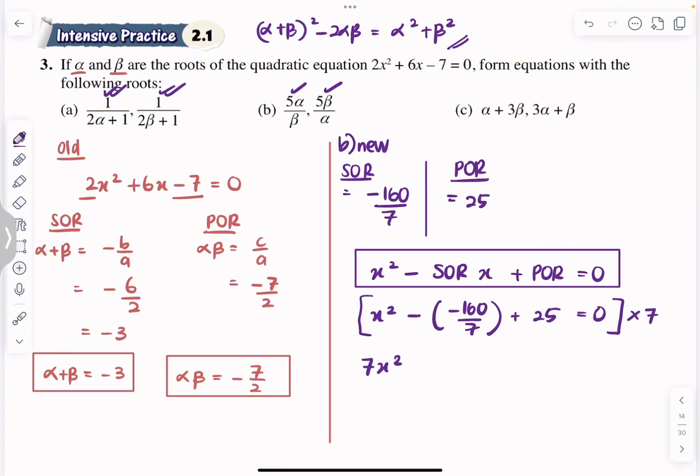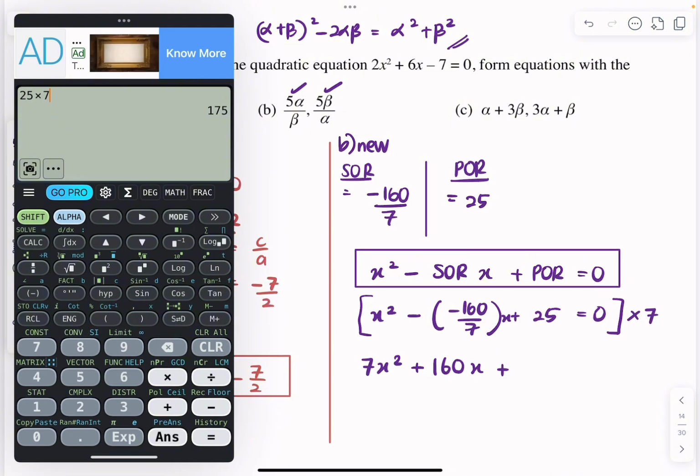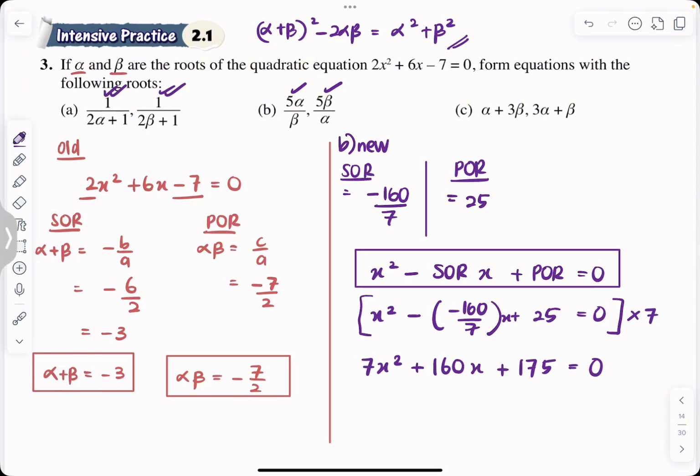So 7x squared plus 160x plus 25 times 7, 175. That's it, this is the answer.